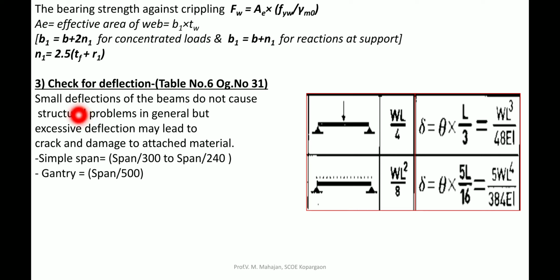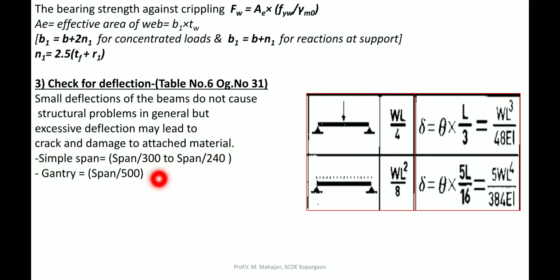The last check is the check for deflection as per Table 6, page number 31. Here two supports are given and the load acts vertically downward at the center of the beam. Small deflection of the beam does not generally cause structural problems, but excessive deflection may lead to cracks and damage to the attached material.